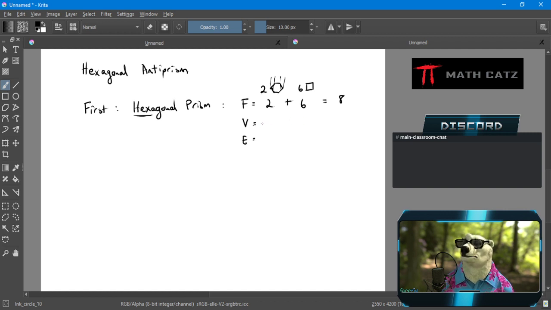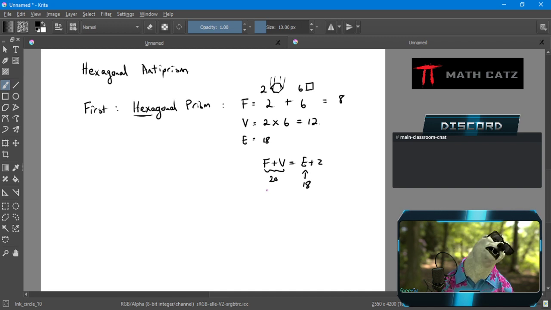The number of vertices, it's always 2 times the base shape because that shape is at the top and the bottom. So 2 times 6 is 12. Edges, I'm not going to bother counting them. I look at Euler's formula. The left side is going to be 20, so the edges are 18.